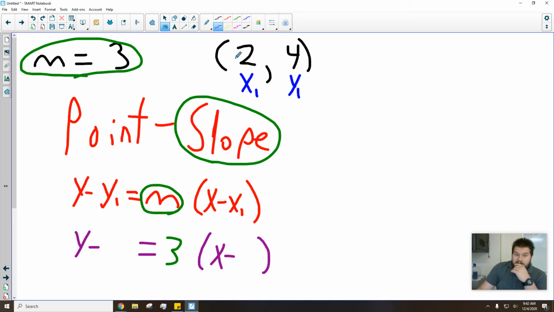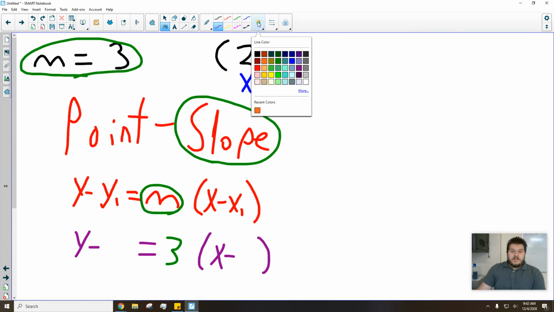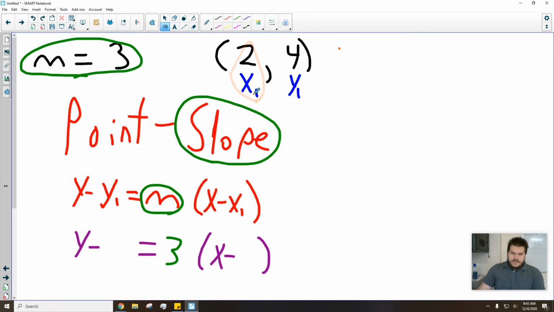So I could take this x1, and, well, actually I don't want to use purple because I already used purple. Let's grab a different color. Let's try orange. If I were to grab this x1, I recognize that's right here, x1 is 2, so what should go here is 2.